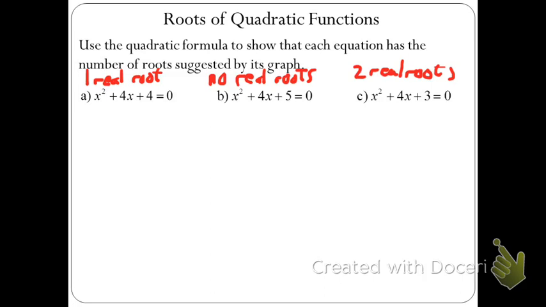Okay, now let me start off the first one with you, because even though we're using the quadratic formula, it turns out we don't have to use it entirely in order to show what we're trying to show. So x equals the opposite of b plus or minus the square root of b squared minus 4ac all over 2a.